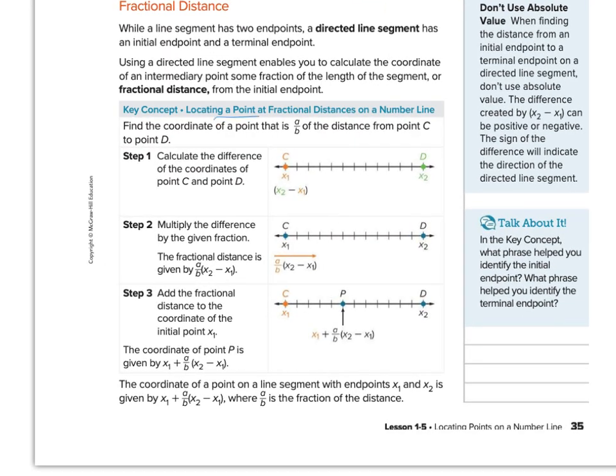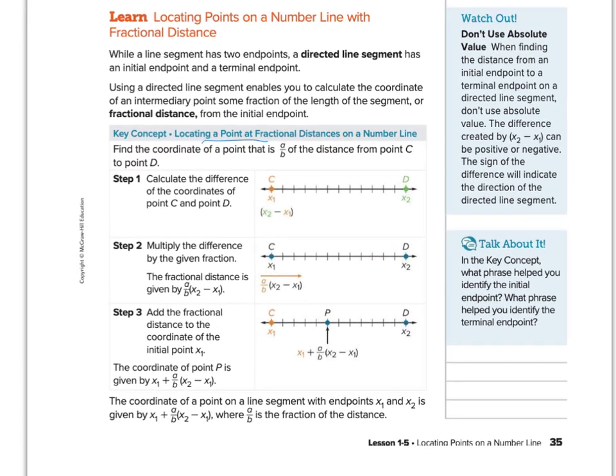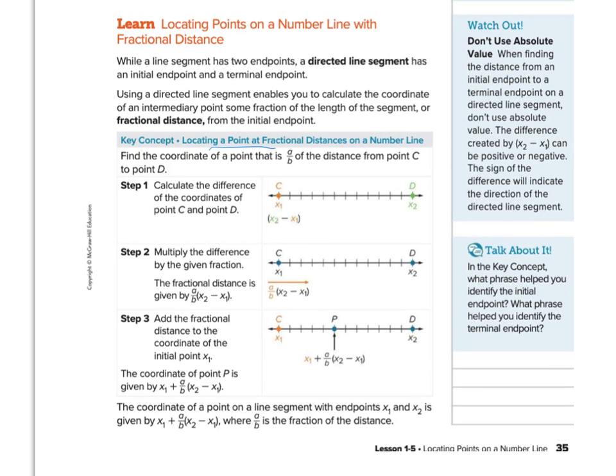So locating a point, we do have a formula, and it looks like a starting point. And then how far are we traveling? What fraction of that distance are we traveling? So we figure out how far we travel, we multiply it times the fraction, and then we take and add it to a starting point.